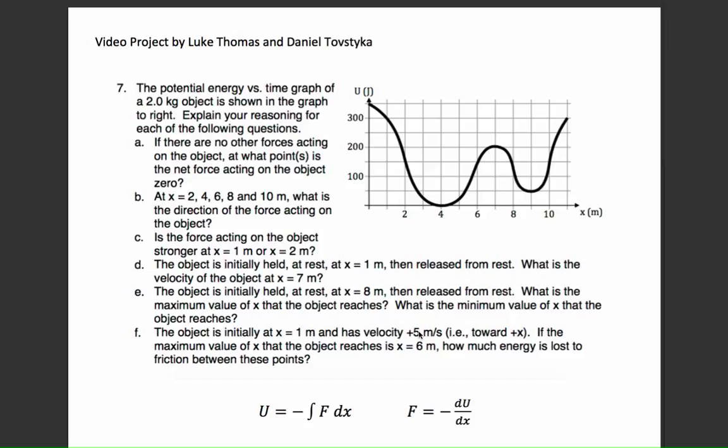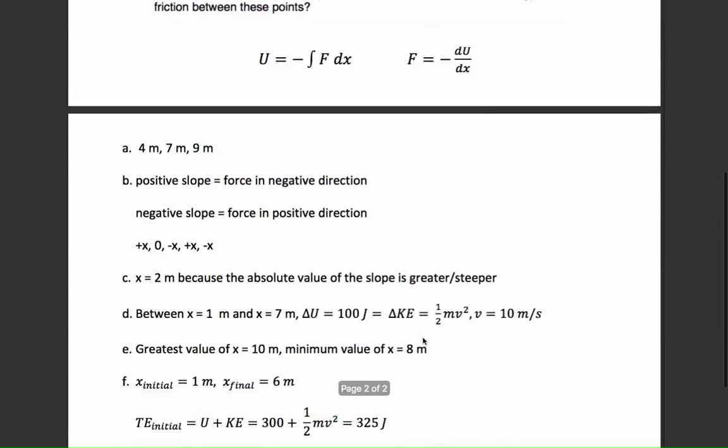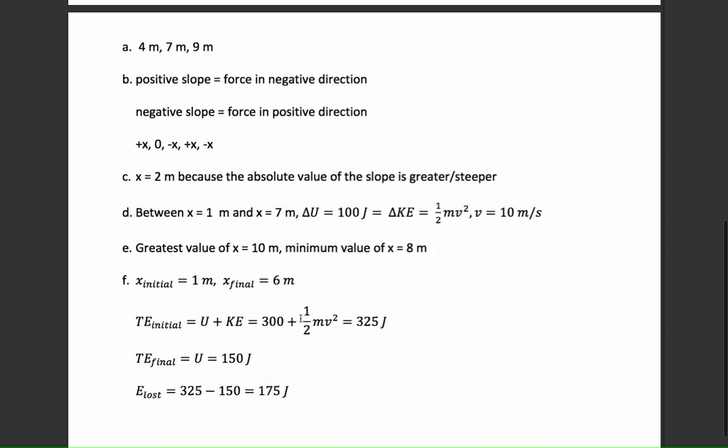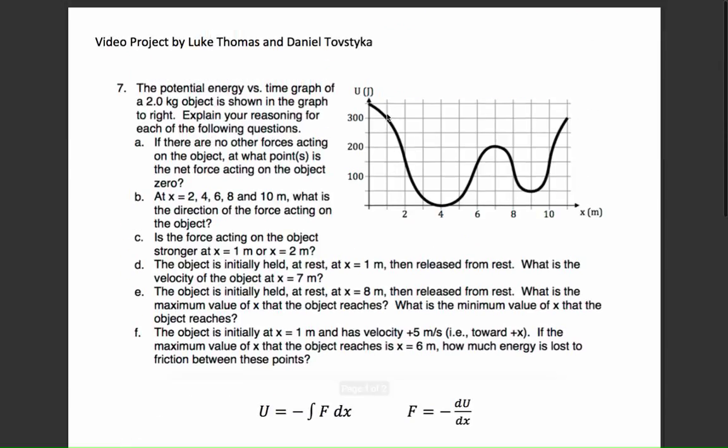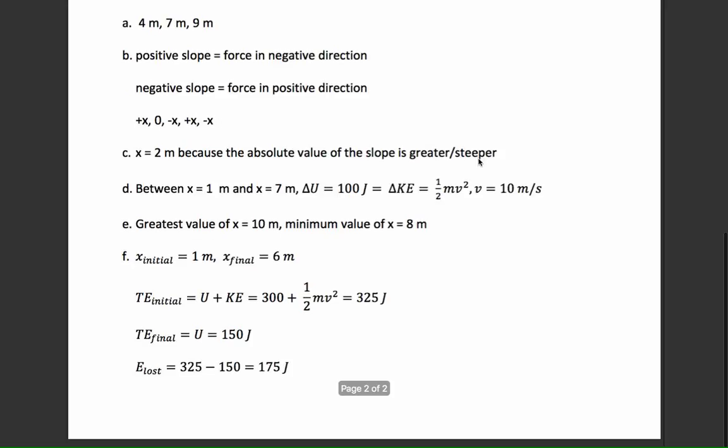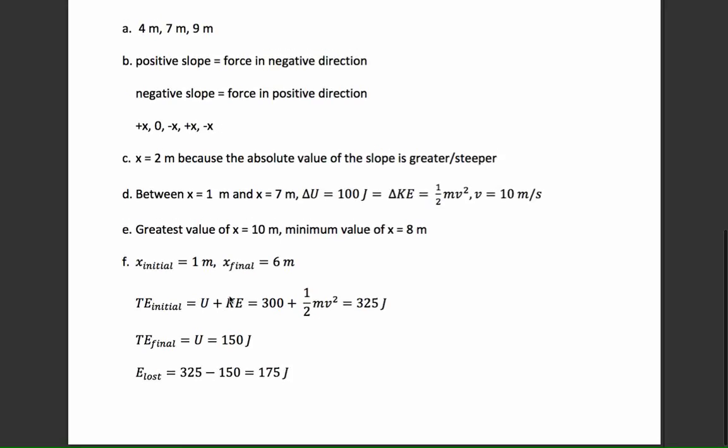So the initial energy is 300 plus 25 equals 325 joules at x equals 1. At the final position of x equals 6 meters, the energy is 150 joules. The initial energy and final energy would be the same if there was no friction.